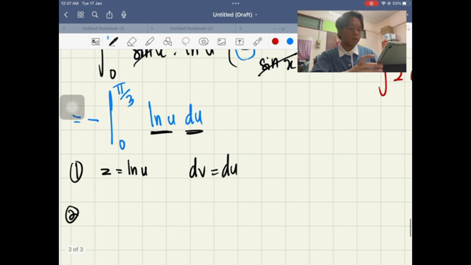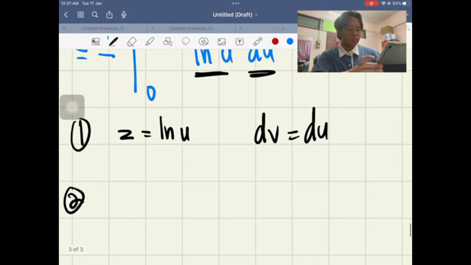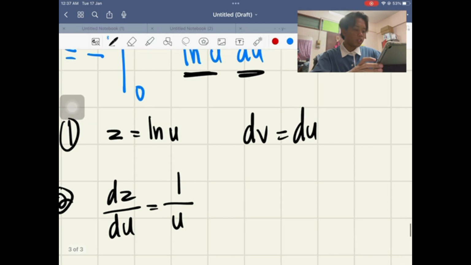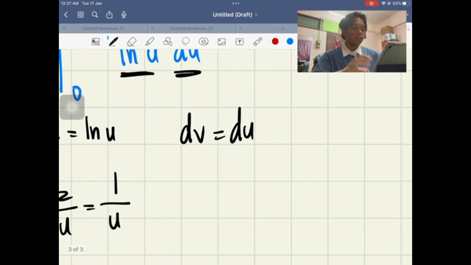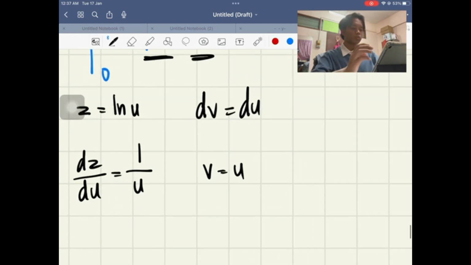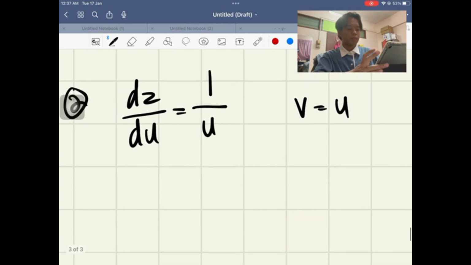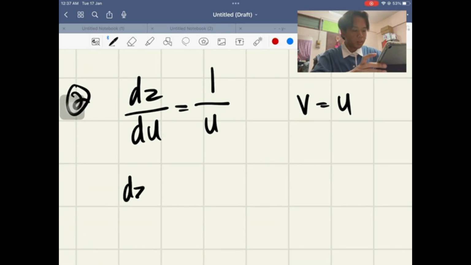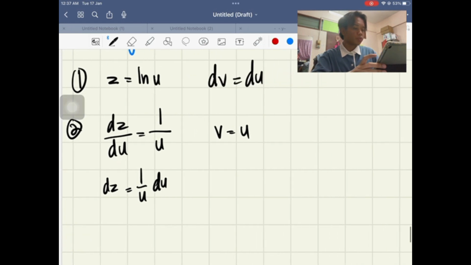Then go to the next step. dz over du of ln u will be 1 over u, and dv equal to du, then v equal to u. Here dz equal to 1 over u du.